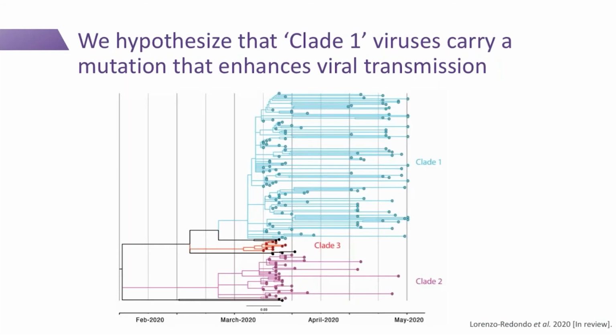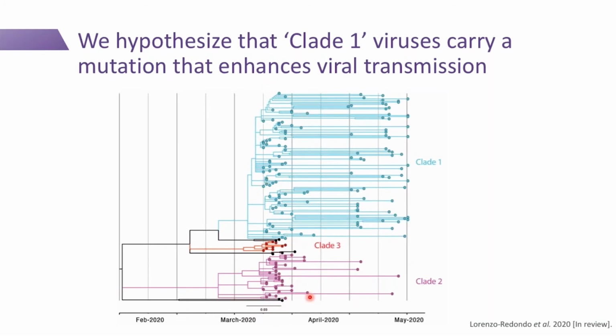So based on this information together, we hypothesized that these clade 1 viruses, these viruses that were originally in New York, are carrying a mutation that enhances viral transmission. And this has been borne out by later sequencing that we have done since March. So our original sequencing was all done during this 1-week time period shown here in this temporal phylogenetic tree in March.